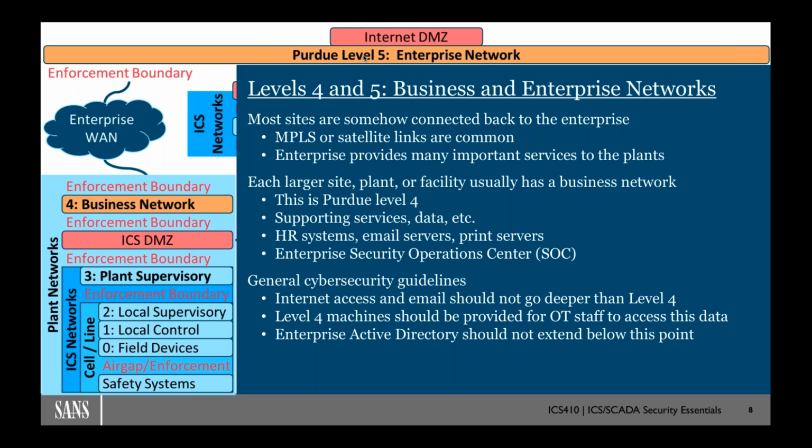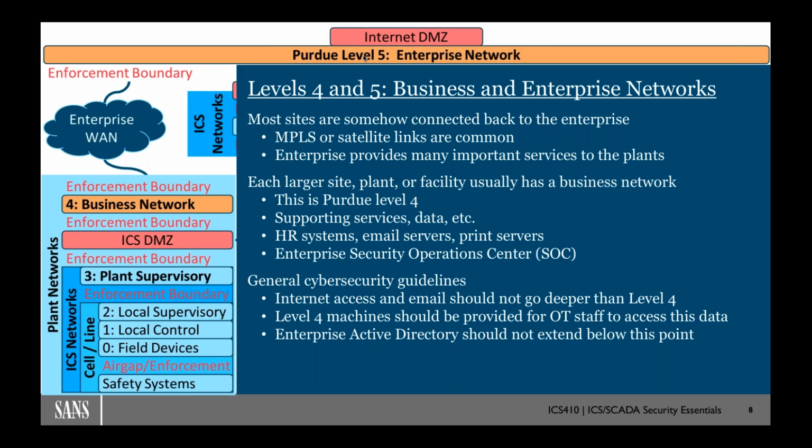Here's some general rule of thumbs for level 4 at the plant. Internet access and email and any other types of enterprise resources that most employees gain access to or need for their jobs should never go lower than level 4, okay? This means that we do have to provide machines in level 4 for all of our OT or ICS staff.